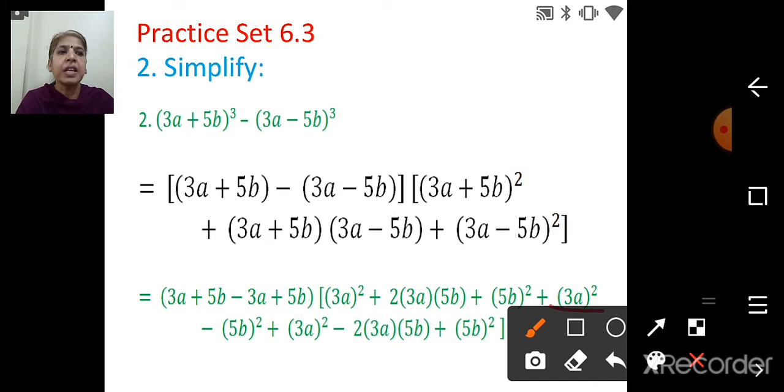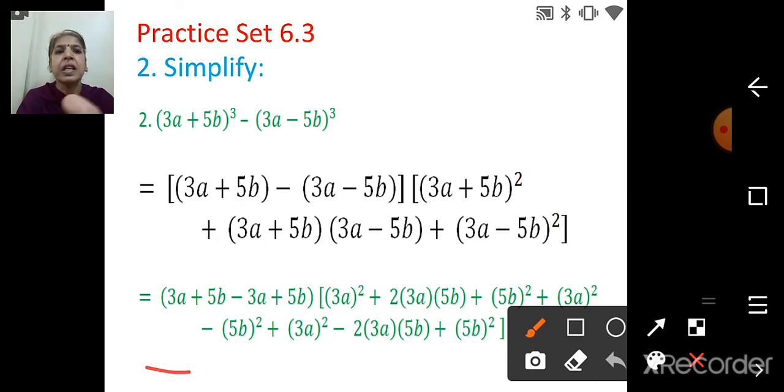So 3a the whole square minus 5b the whole square. Then third part, this. It is based on the formula a minus b the whole square. So 3a the whole square minus, this is important, minus 2 into 3a into 5b plus 5b the whole square. So now we have opened the bracket.